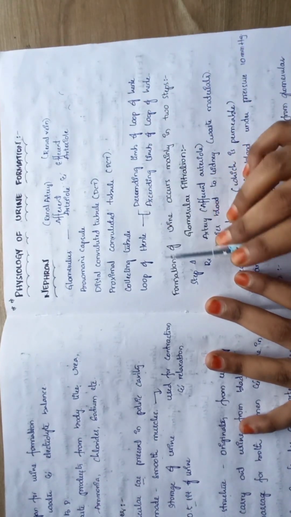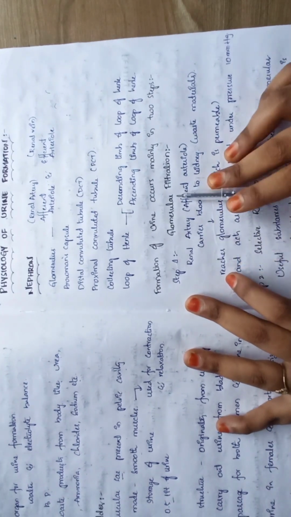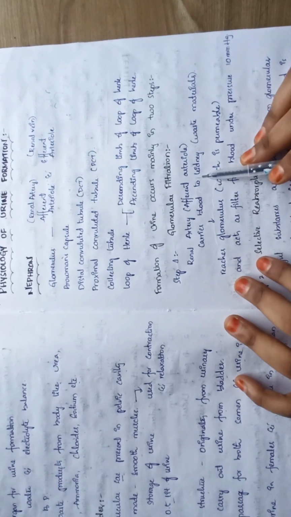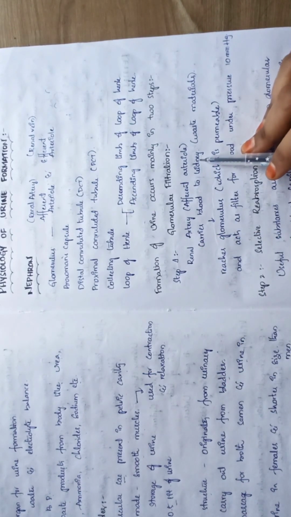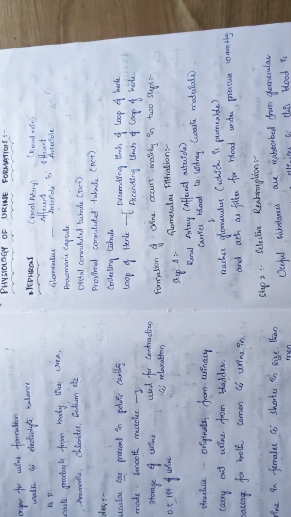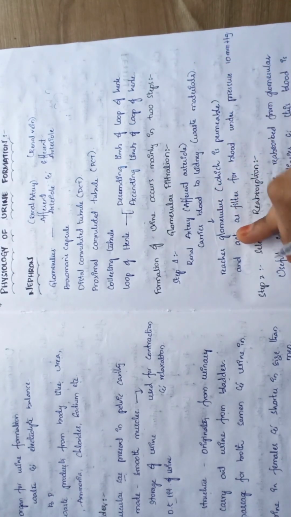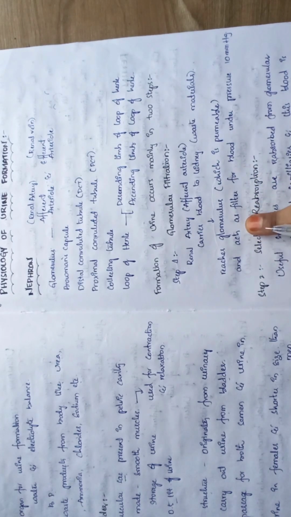Now let's see how urine is formed. It has some steps. Step 1, glomerular filtration. First, what happens? The renal artery carries blood to the kidney, then it reaches the glomerulus, which is permeable and acts as a filter of blood, where the waste materials are removed.